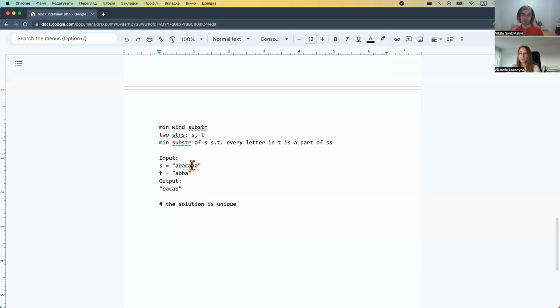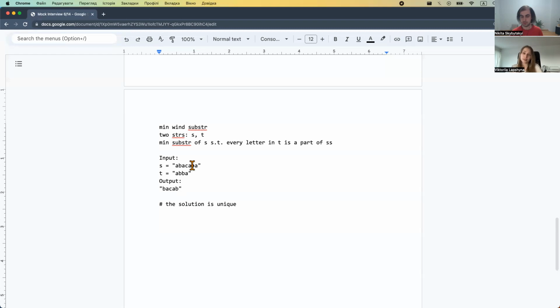Now a couple of questions about the strings, just real quick. They can be pretty long, right? A couple 100,000 characters, something like that. Yeah, a couple 100,000 is a good approximation. And the characters are just lowercase English letters?